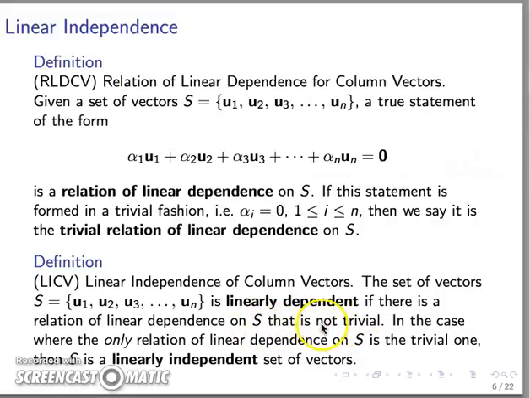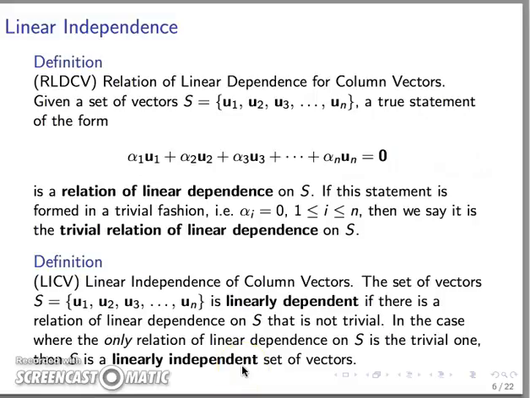If that is the case, that would be a non-trivial relation of linear dependence, and in such case we would say that this set of vectors is linearly dependent. When the only way of obtaining this relation of linear dependence is by setting all the scalars equal to 0, then we classify the set as a linearly independent set.